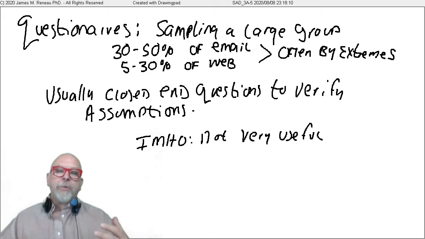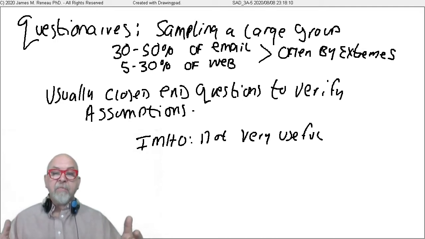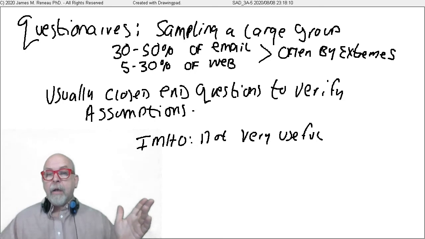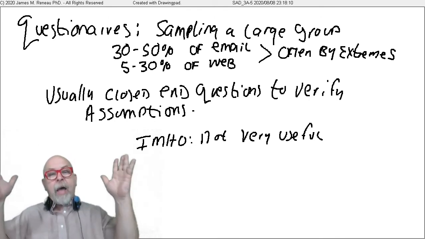Often questionnaires are responded to by extremes. I get an email for a questionnaire. If customer service was okay, if it was typical, if it was normal, if it was expected, I just delete it because I'm not going to answer that. If somebody has gone out of their way and done fabulous things for me, I'll go fill out a questionnaire and say, fives all the way down.